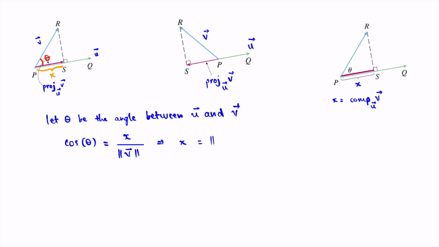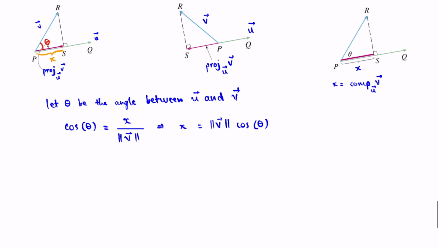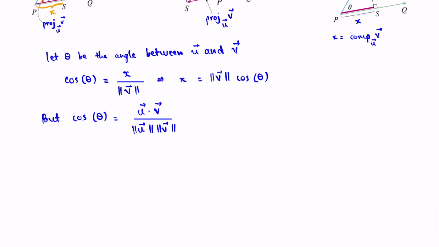So x is equal to the magnitude of v times cosine of theta. But by the dot product, cosine of theta is equal to u dot v divided by the magnitude of u times the magnitude of v. Then we can substitute this into the equation, and we get x equal to the magnitude of v times u dot v over the magnitude of u times the magnitude of v.